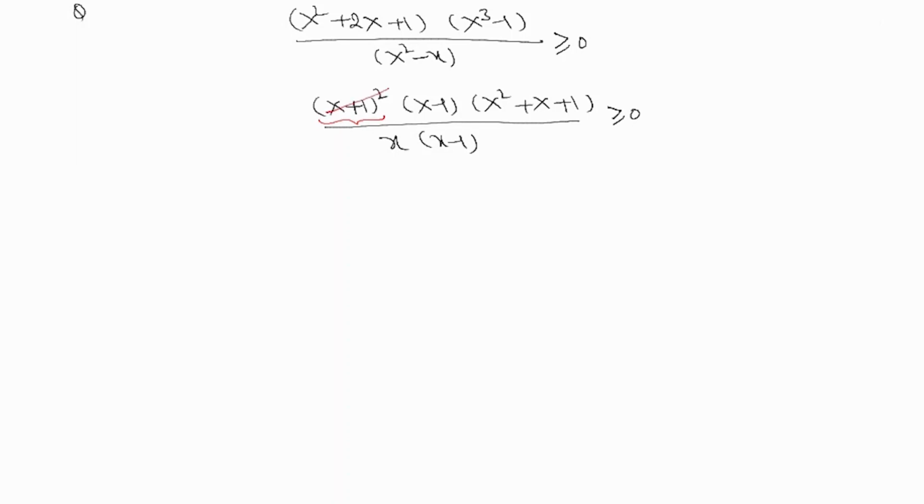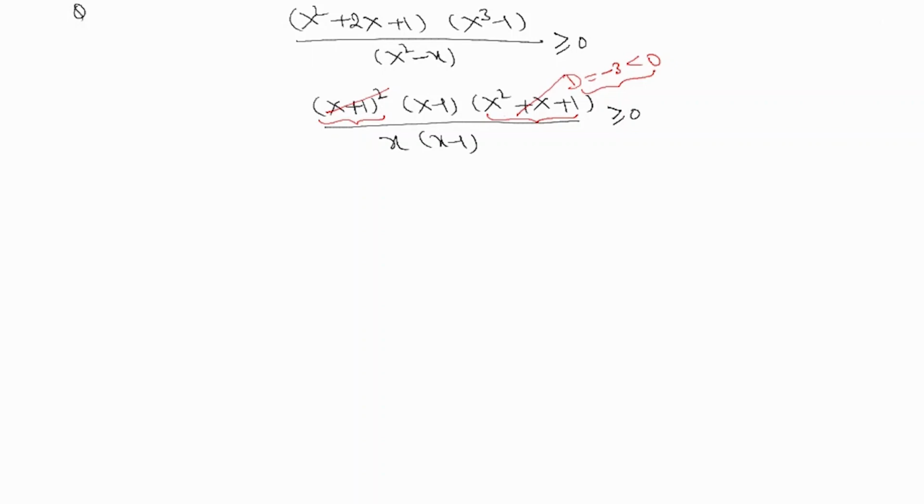Now what about x square plus x plus 1? In case of x square plus x plus 1, the value of d is minus 3. So that means it has an imaginary root. A quadratic expression with imaginary root and positive leading coefficient is always positive. So x square plus x plus 1 is also always positive. So I can remove it from the inequality.